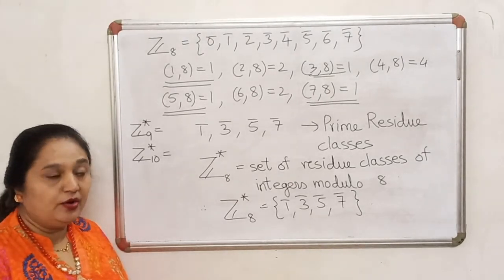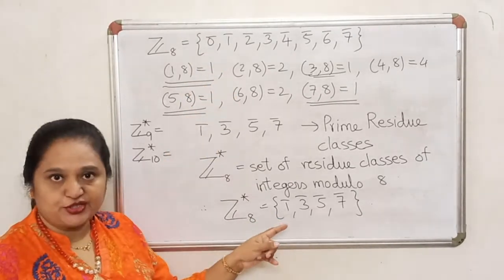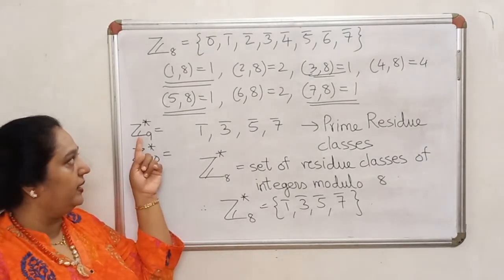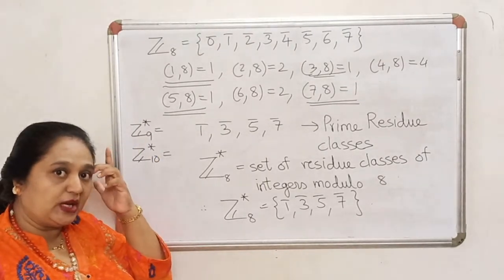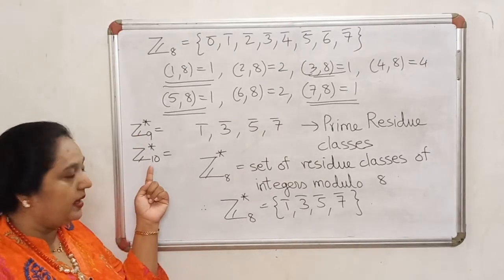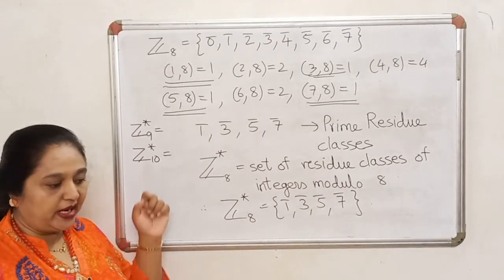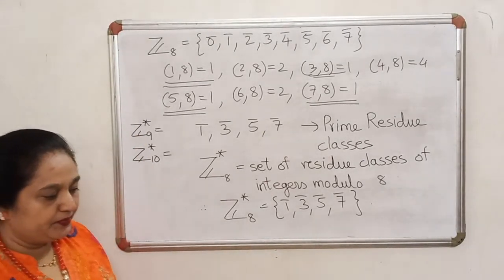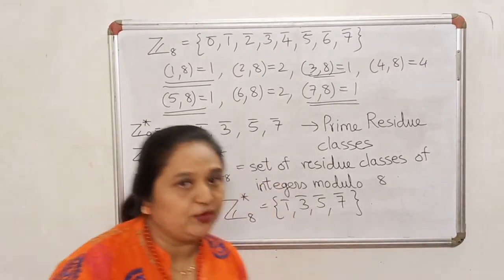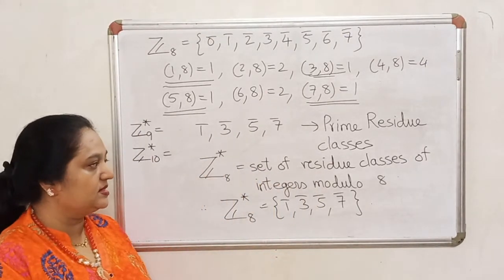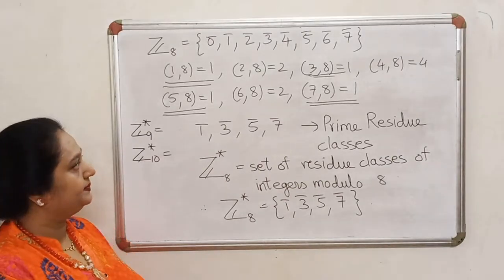So pause the video. While all this is still fresh, go ahead and calculate the set of prime residue classes of integers modulo 9, and do the same thing for 10 so that you get an idea. Once you are done, come back to the video and we will discuss one last point.